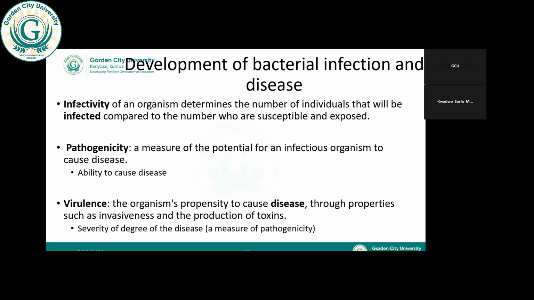Infectivity has to do with infection. Infection is about invading, colonizing, multiplying. So once they get access into the host, the immune system will try to attack, to destroy or kill.